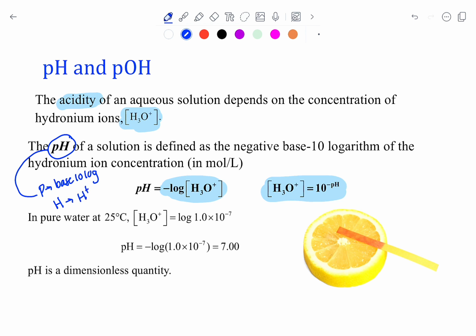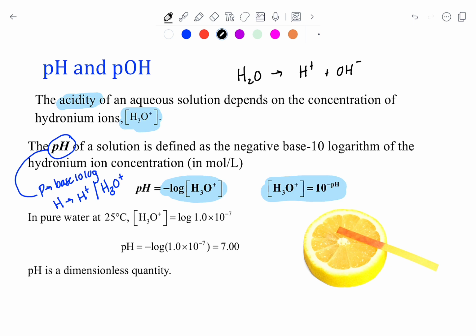Now H plus, as we'll see, and H3O plus are interchangeable, because if we just take one water and break it down, we get H plus and OH minus, which is typically what happens in an acid-base reaction. However, if we're reacting with another water, that's when we get the H3O plus.